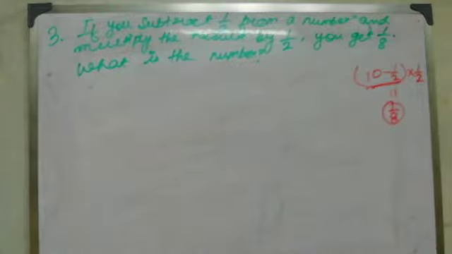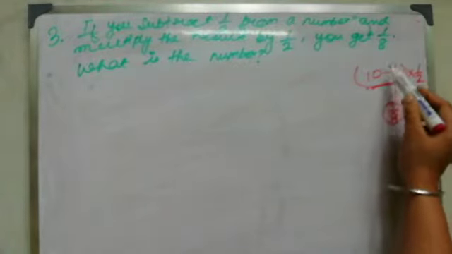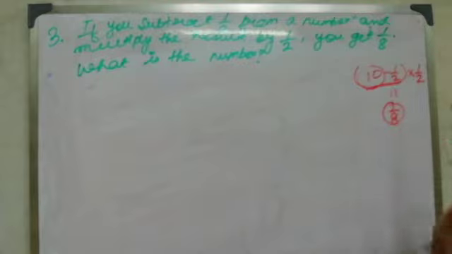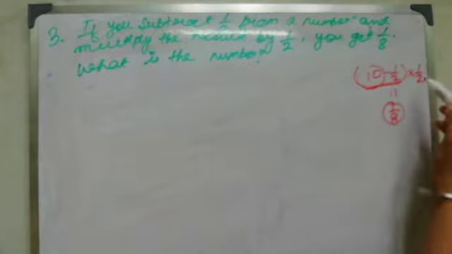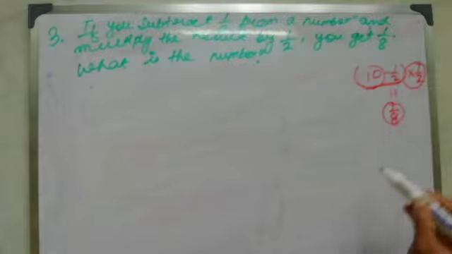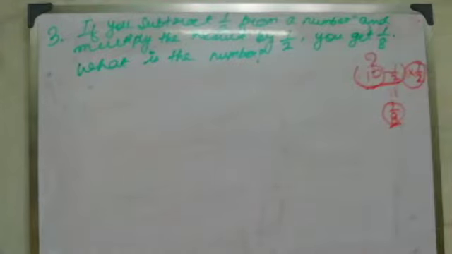This is my question: if I subtract 1 by 2 from a given number, and whatever result I get, I multiply that result by half, the final answer I get is 1 by 8. Then what is this number?